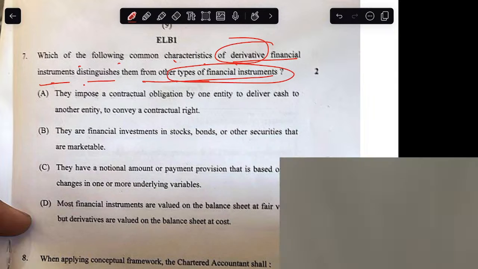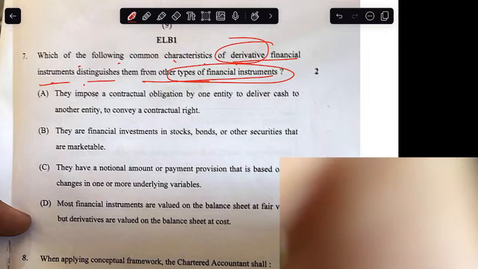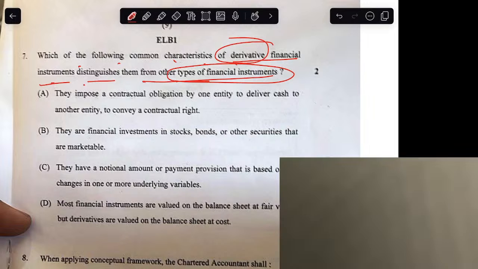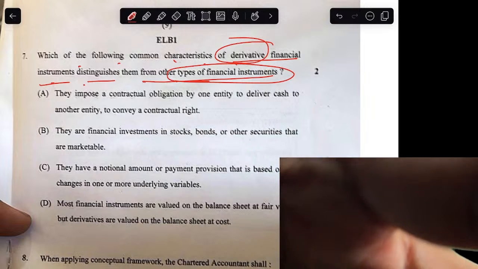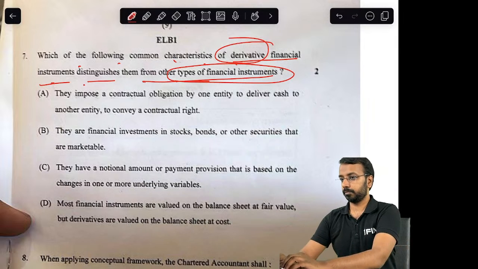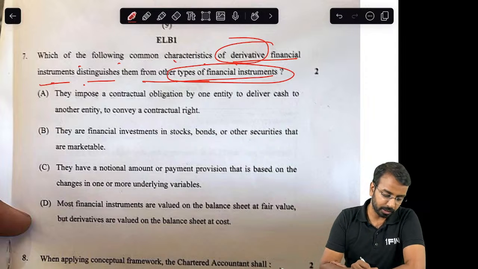Okay, so here basically they are asking us what is the characteristic of derivative financial instrument distinguished from other types of financial instrument.